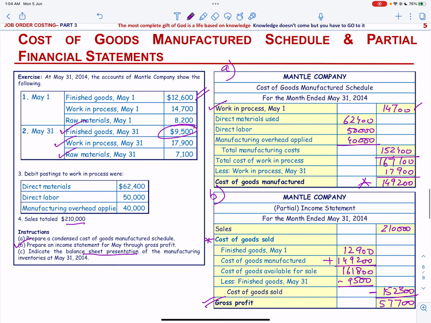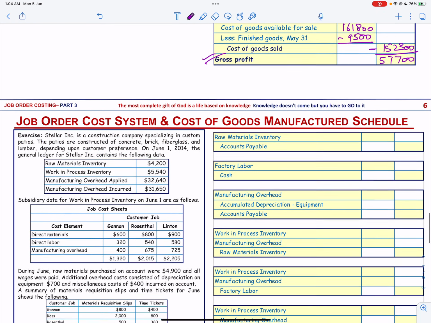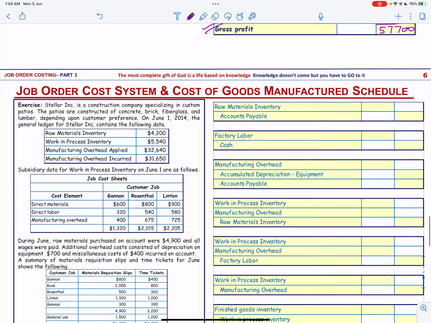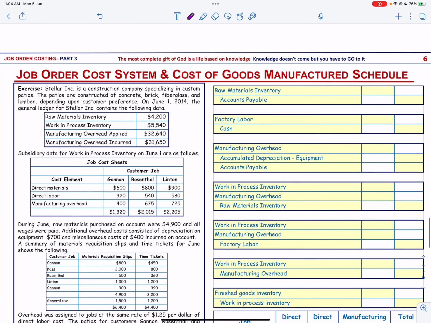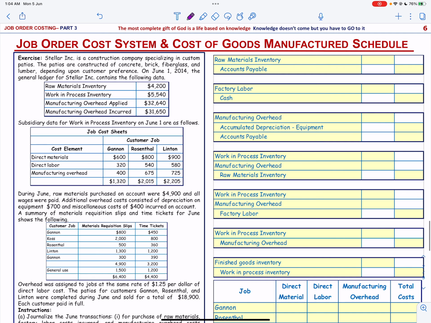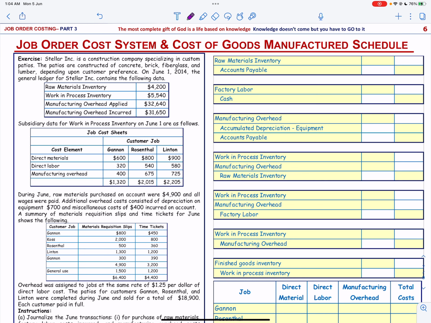Next, let us explain how to prepare entries in a job order cost system and cost of goods manufactured schedule. Now, Stellar Incorporation is a construction company specializing in custom patios. The patios are constructed of concrete, bricks, fiberglass, and lumber depending upon customer preference.